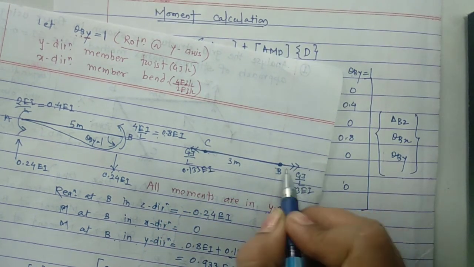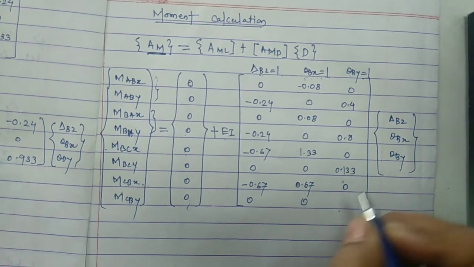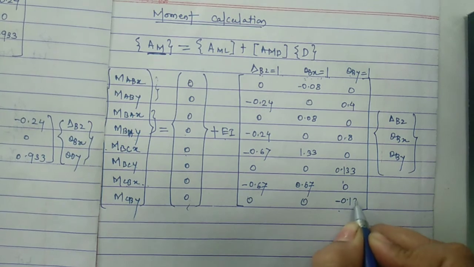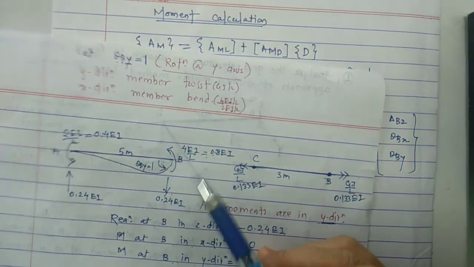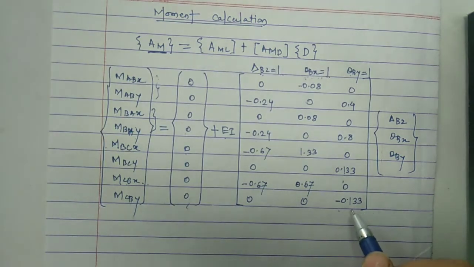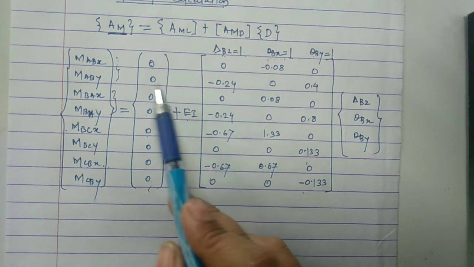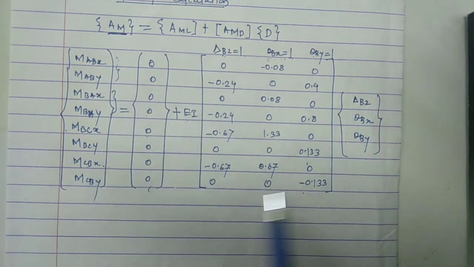So that is in positive direction, right direction. So BC 0.133, and here that will be minus 0.133 as it is in CB, as it is in left direction.